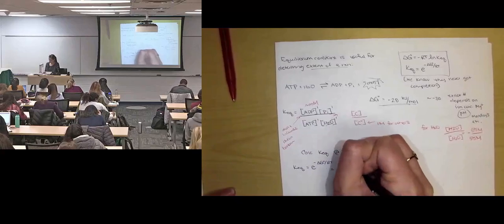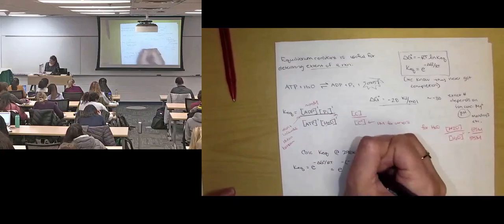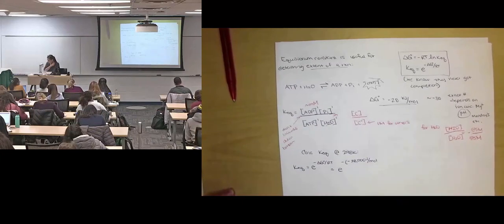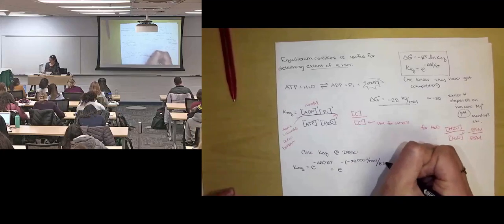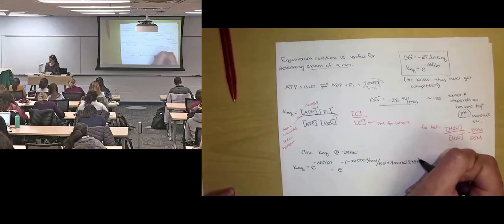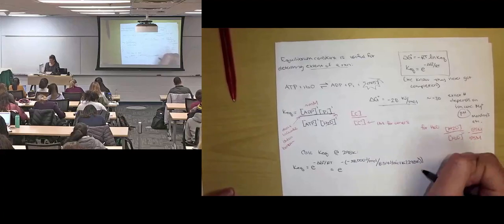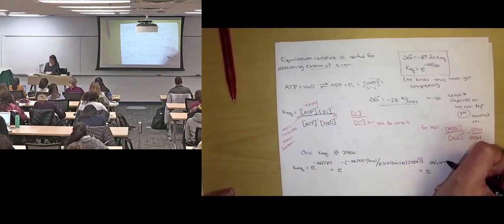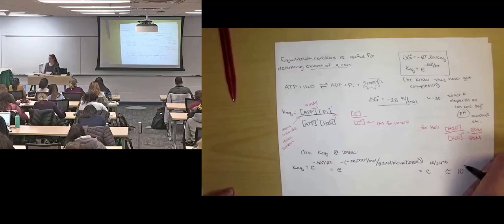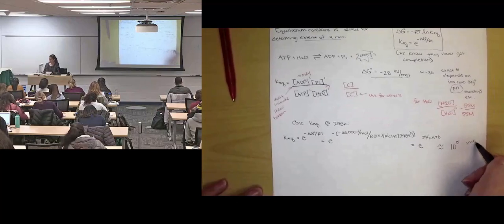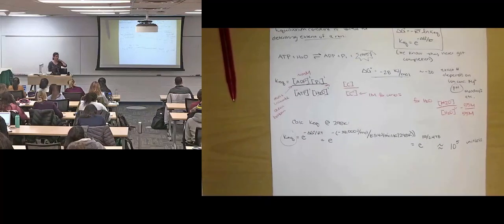This is equal to e to the negative 28,000 joules per mole, divided by 8.314 joules per mole Kelvin, the gas constant, times 298 Kelvin. The units will drop out. This is going to be equal to e to the 28 over 2.478, or approximately 10 to the 5th. This is unitless. KEQ is unitless. If it's not, maybe you missed something.